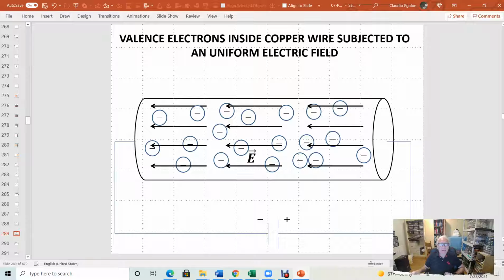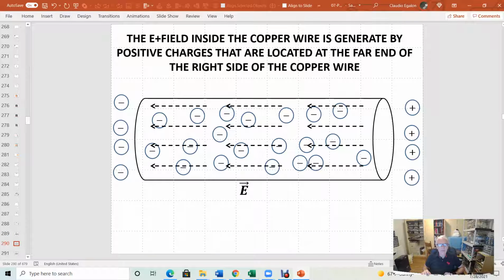And this electric field is a uniform electric field. We discussed that before. In a uniform electric field, a force is applied to each of the charges, and because of this force, the electric charges start to move.